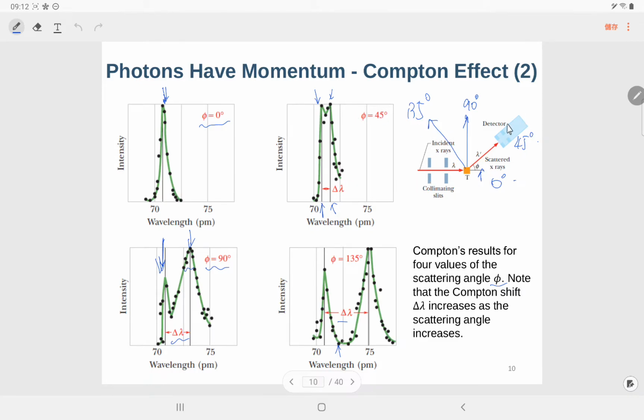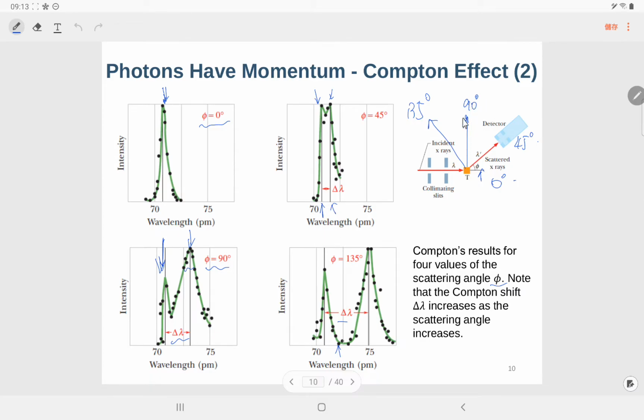And if phi is 45 degrees, then there are two peaks, but they are not separated far away. They are quite close to each other. So you can see the delta lambda is somehow like this, 1 or 2 picometers.